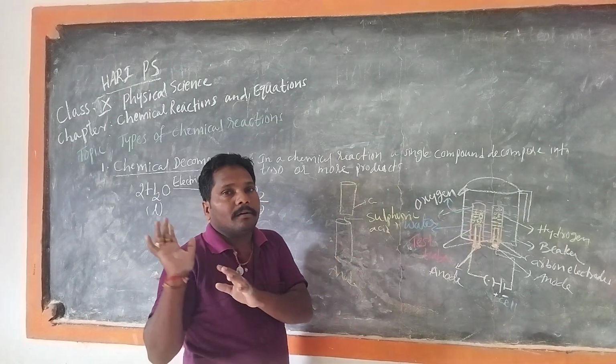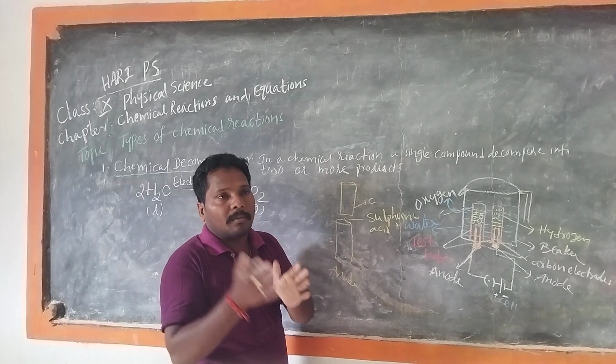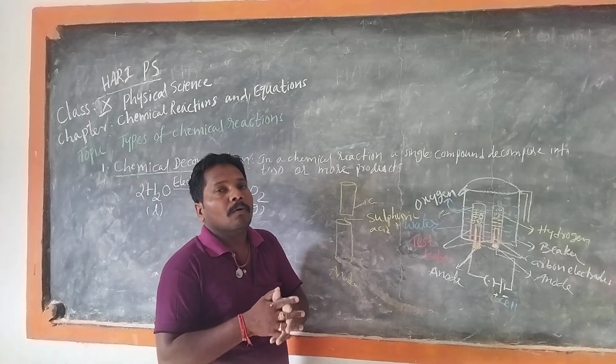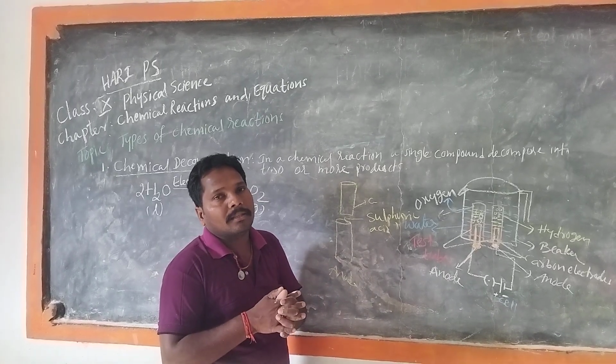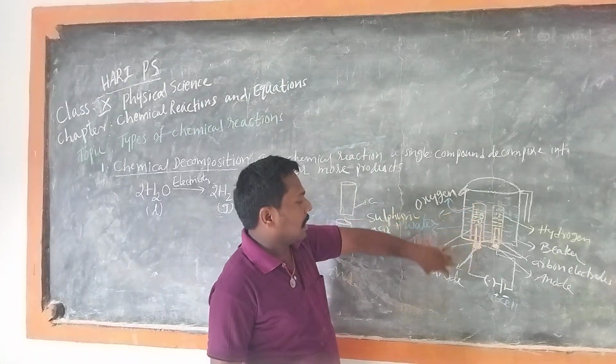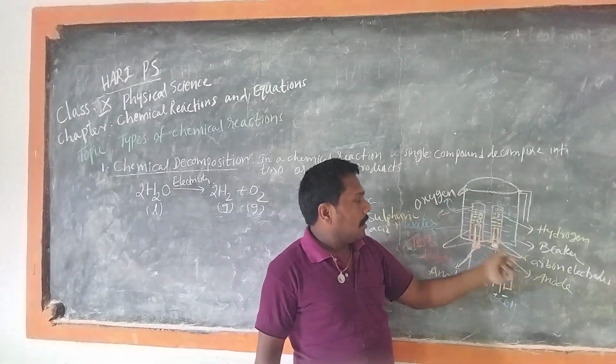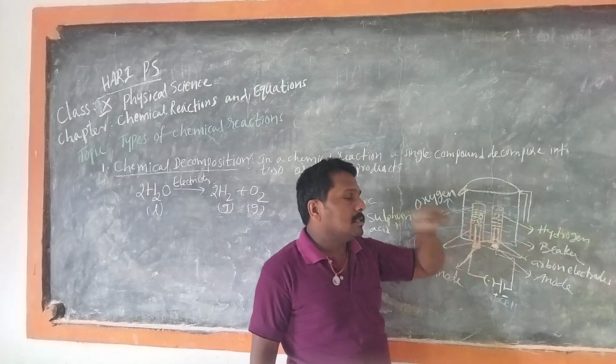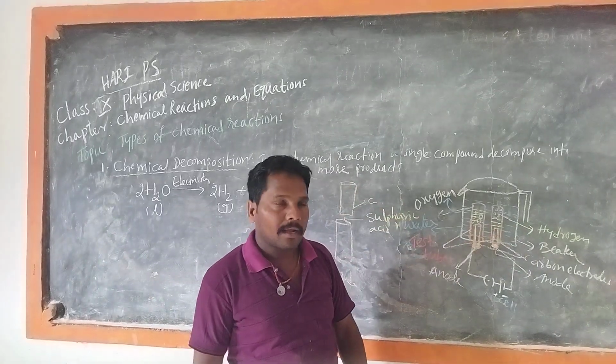So water is decomposed into two gases. One is hydrogen and another one is oxygen. So oxygen is formed near the anode side and hydrogen is formed near the cathode side.